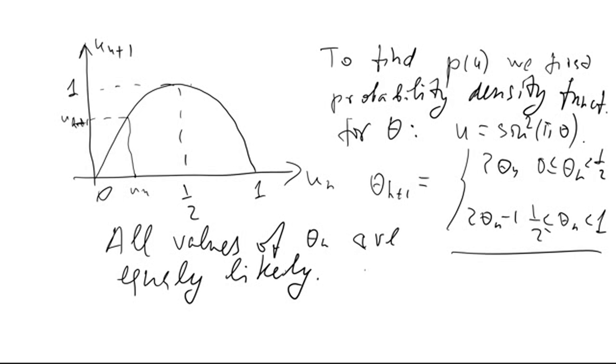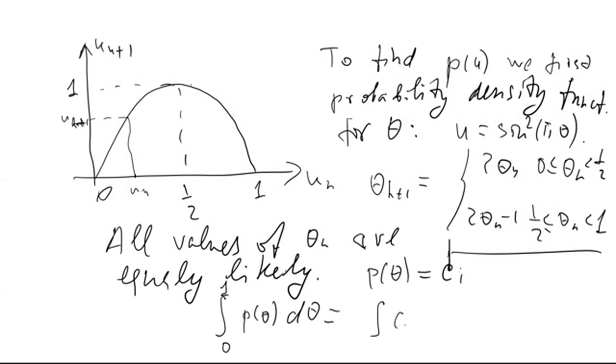And therefore, the probability density function for theta is some kind of constant. This constant is easy to find because the integral of the probability density function of theta d theta, where theta can have any value from 0 to 1, is the constant times d theta from 0 to 1, and we know that the total probability should be equal to 1. On the one hand, on the other hand, it is c. Therefore, we got c equals 1.